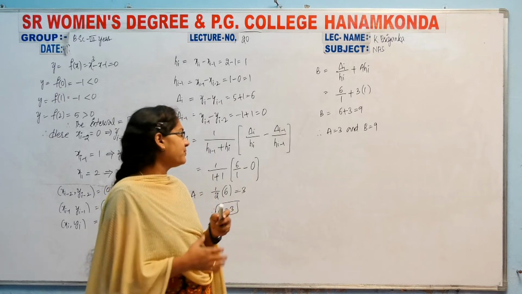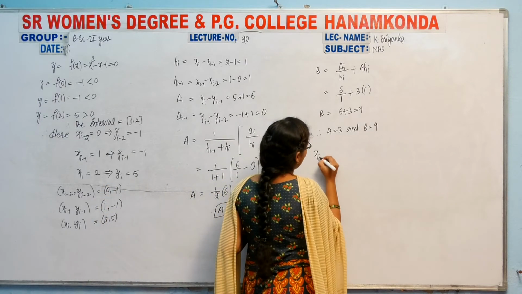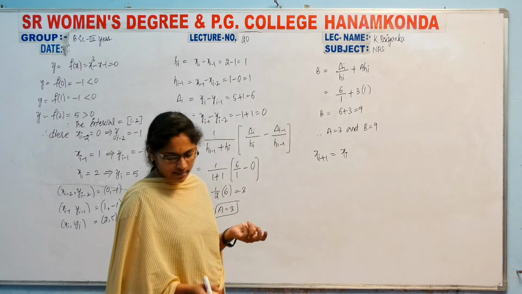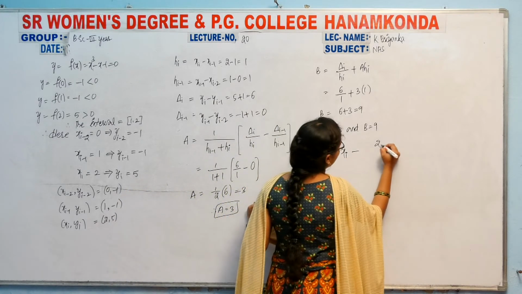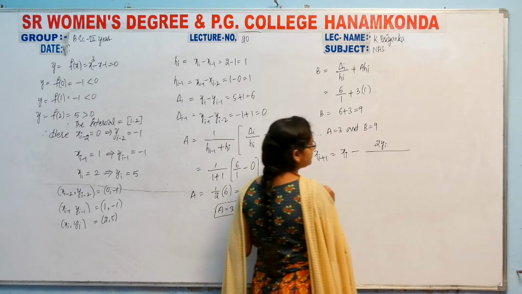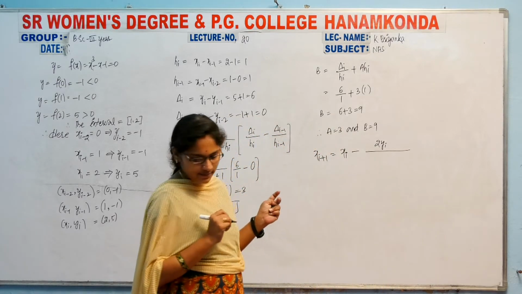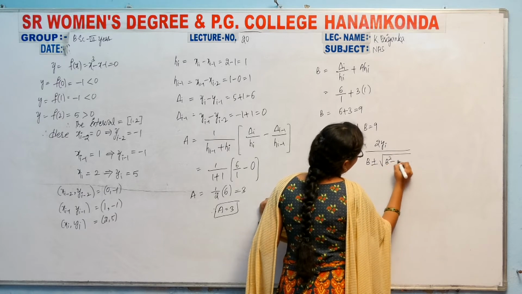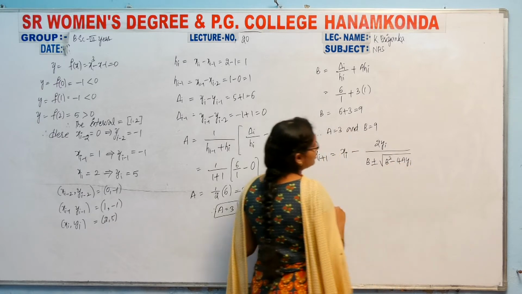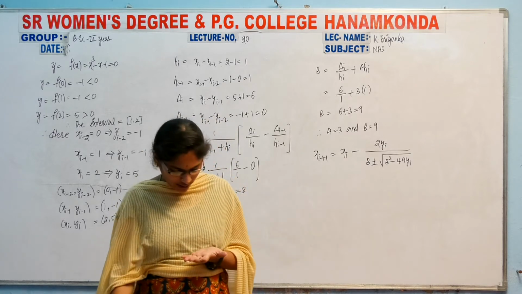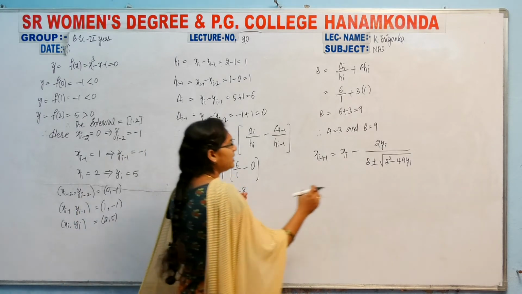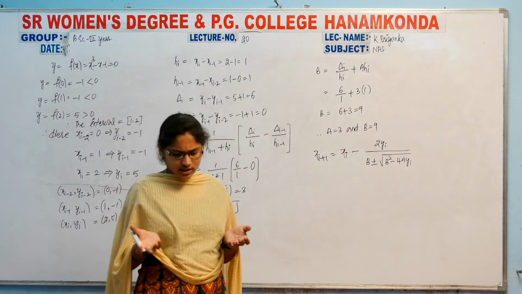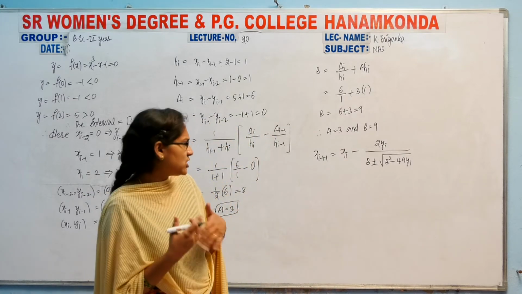The formula for xi plus 1 is equal to, I gave the last formula now, xi minus 2yi by b plus or minus under root of b square minus 4ac. So every time we have to calculate this value, that's why calculate it first, and after that simply proceed. Otherwise you can calculate in each and every interval.